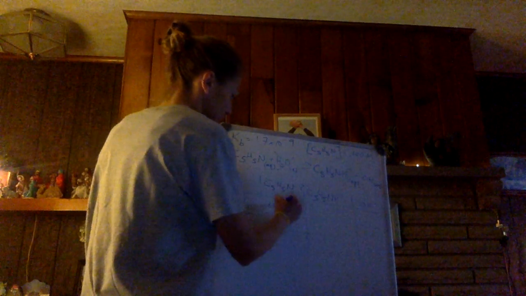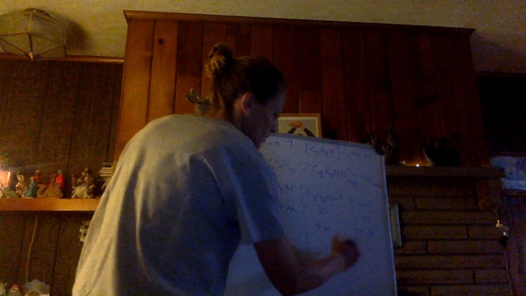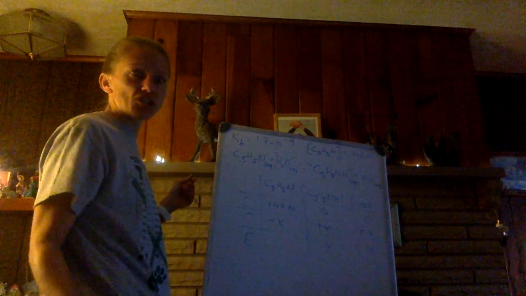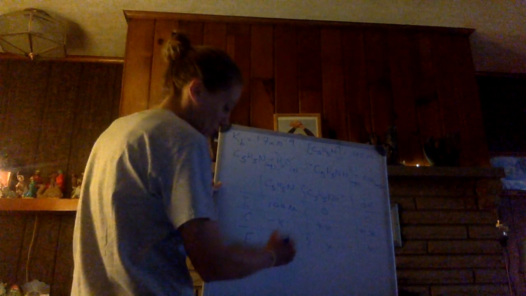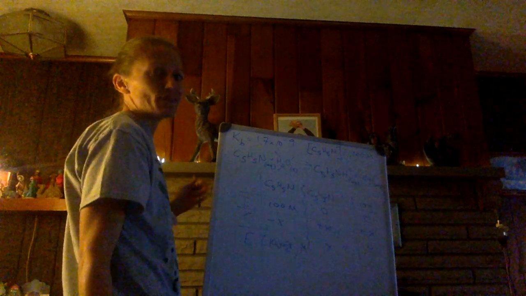Initial 0.100 molar. I didn't throw it in water yet, so nothing happened. It has not reacted to any extent we talk about, same as with the acid. I'm going to break down my weak base and make its ions so that at equilibrium I have X concentration of those. I do have 0.100 minus X technically, but because of the small Kb, I already know that's gone.